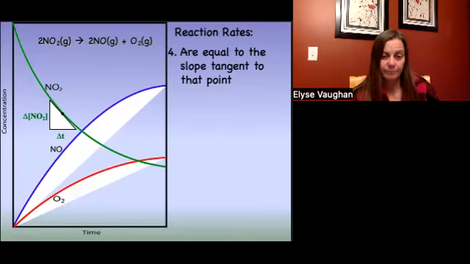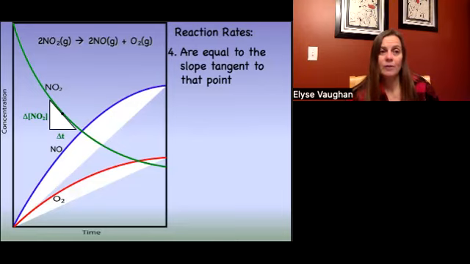The other piece that is going to affect our reaction rate is concentration, because if we have a higher concentration, then we're going to have more collisions because we have more molecules.